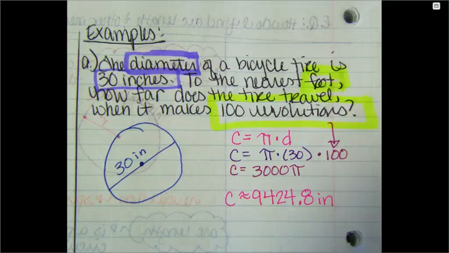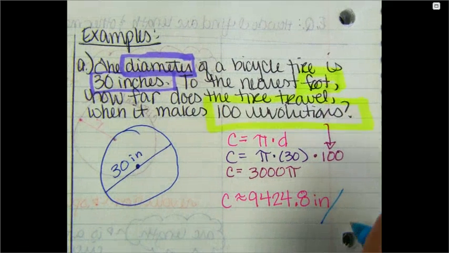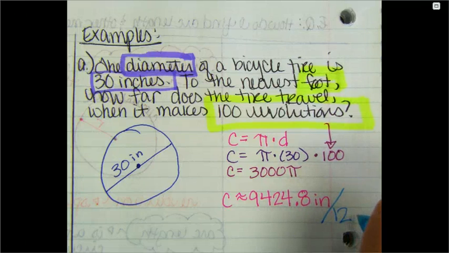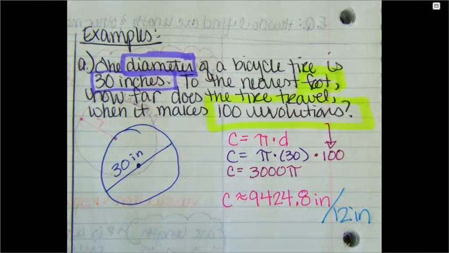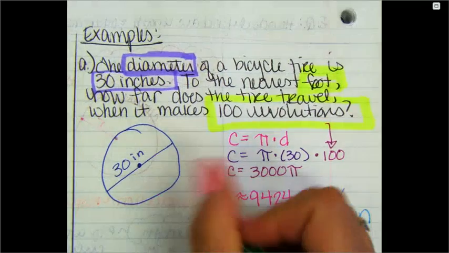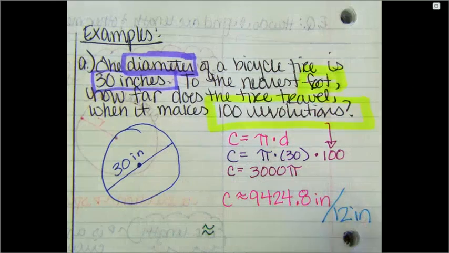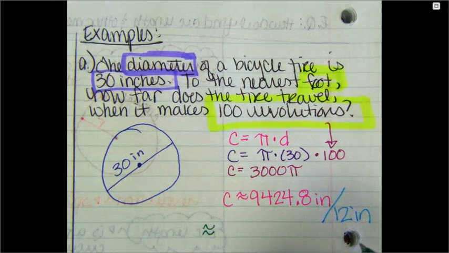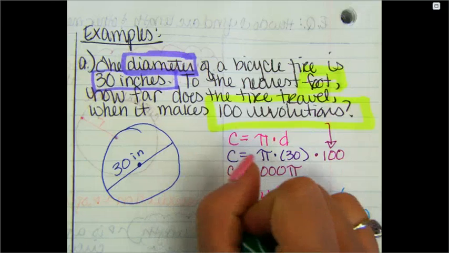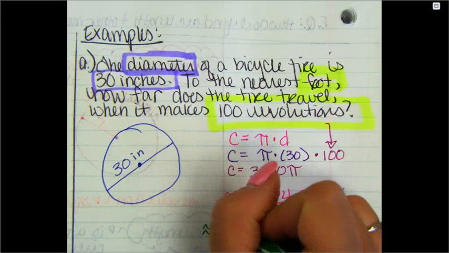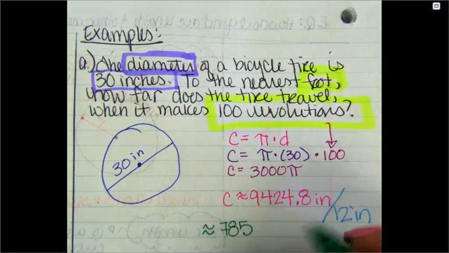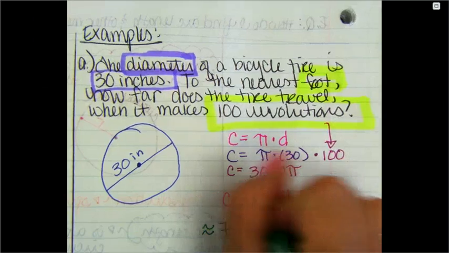Divide by what? 12. 12 inches in a foot. Are we still in approximation? What's your approximation? Wait, nearest foot. Do I need a decimal? No, so 785 what? Feet.